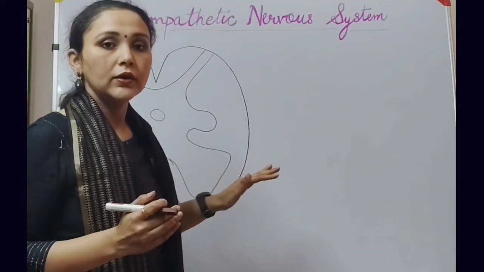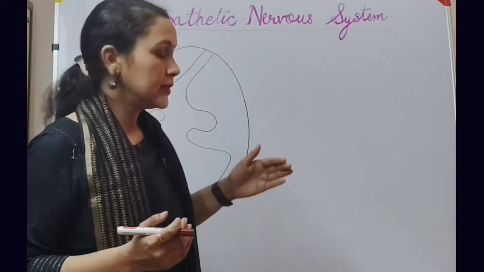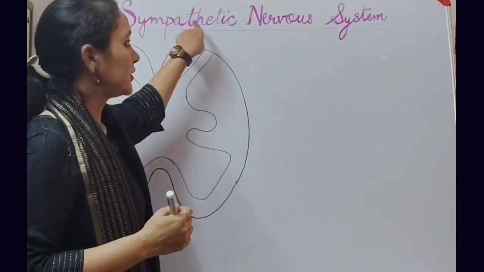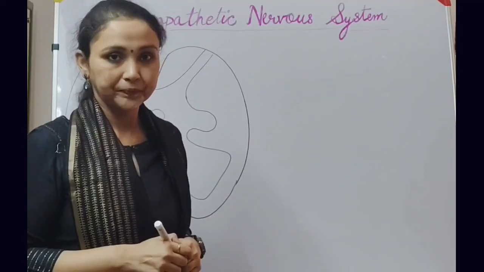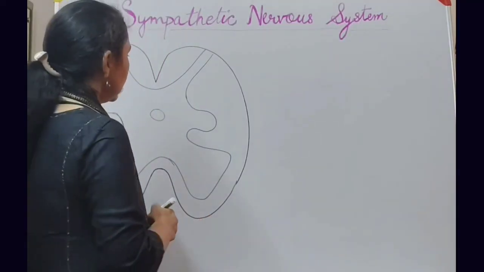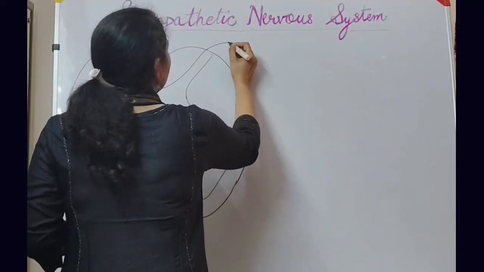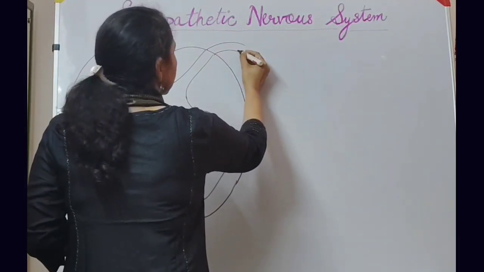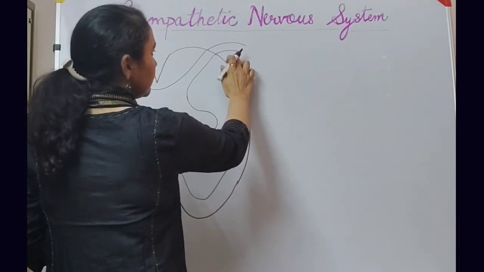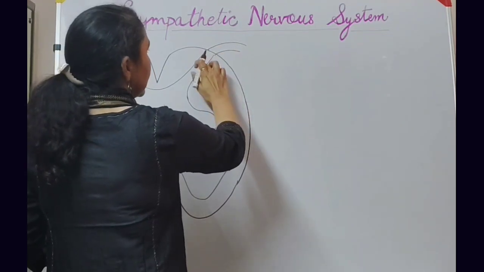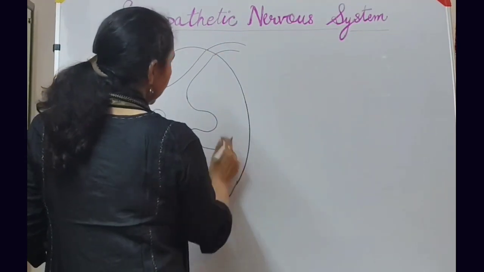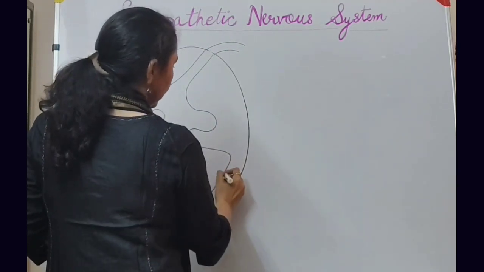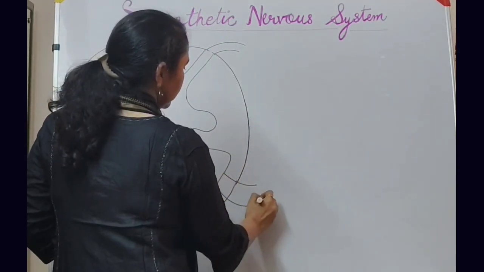The ventral gray horn contains the motor neurons, and the lateral gray horn will have all the neurons which are responsible for the sympathetic nervous system. Right? So now, these are the nerve roots that you see attached to the surface of the spinal cord. This is the dorsal nerve root, that is mainly the sensory one. I'll come back to it later on. Then this is the ventral nerve root.